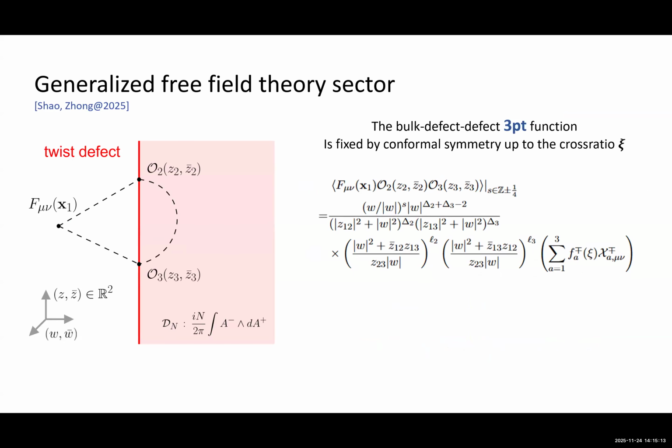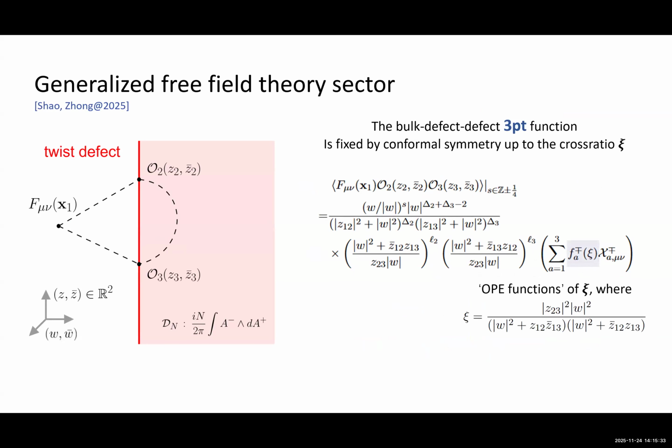Now, what happens for the three-point function? Starting from the three-point function, you can start to build a conformal cross ratio with three different coordinates. And similarly, the functional form of the three-point function is completely fixed up to the coefficient as a function of the cross ratio.